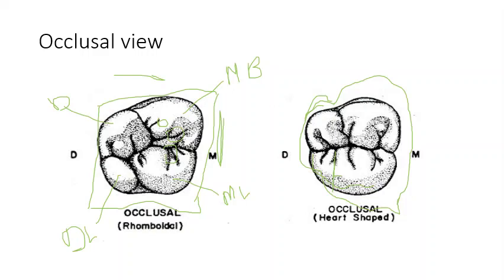So we have two morphological shapes on the occlusal view, that is the heart shaped or the rhomboidal shape. So this distolingual cusp on the heart shape may be absent due to this short distolingual groove which does not extend towards the occlusal margin.